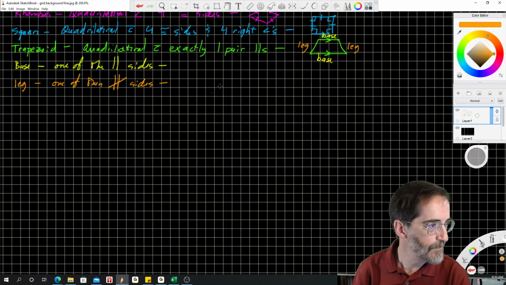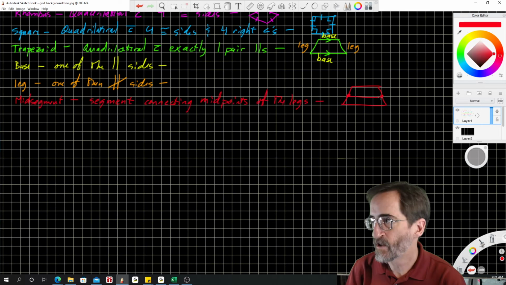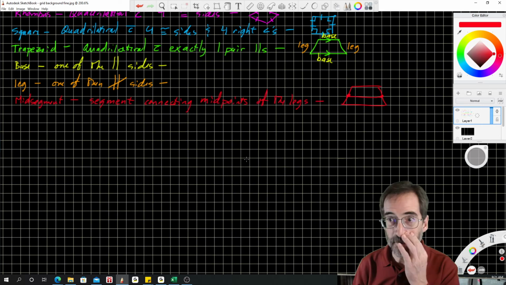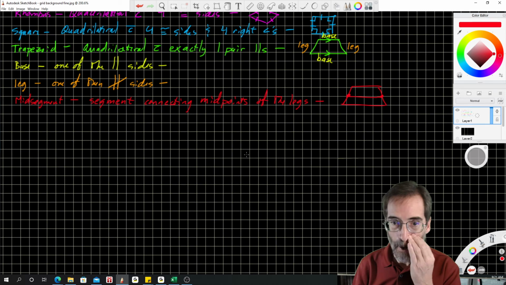So here's a trapezoid. Find the midpoint of the legs and connect them. That's a mid-segment. And we had a rule for finding the length of the mid-segment. It was the average of the bases. So we've done leg, mid-segment.